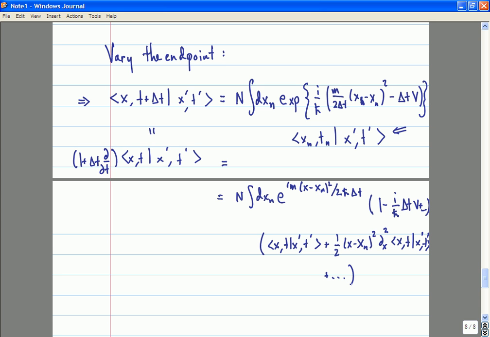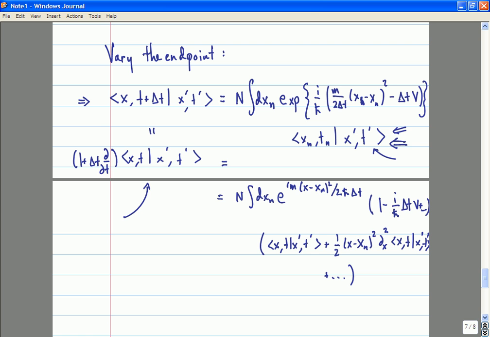Okay. Everyone with me so far? Yes. This is the Taylor expansion for this term right here. So I want to understand the differential equation obeyed by that guy, and so I need to compare it to this guy. And so I need to expand in the Taylor expansion where x_n is viewed as being very close to x.